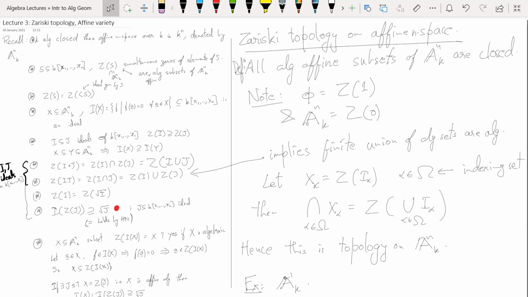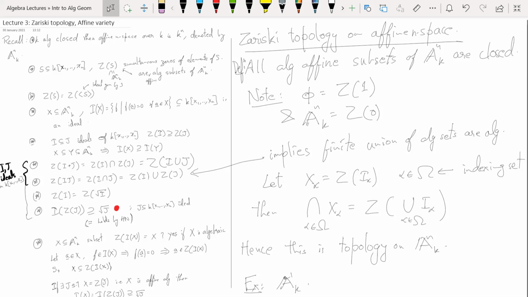One has to check that this does give a topology on affine space. That means you have to check that the empty set is there, the whole set is there, and since I'm giving you closed sets instead of open sets, you have to check that the collection is closed under arbitrary intersection and closed under finite union.